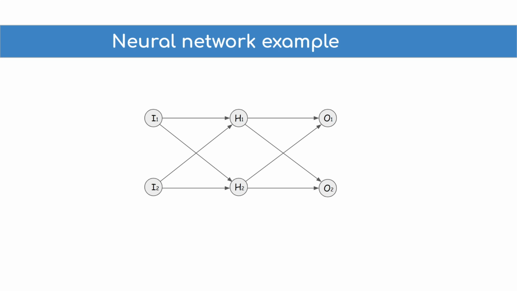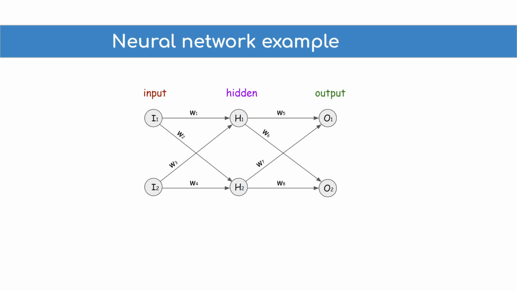But the general idea is to make it simple so it's easy to understand for everyone. As you can see, this neural network consists of one input layer, one hidden layer, and one output layer. Each neuron is connected with edges, and each edge has its own weight.